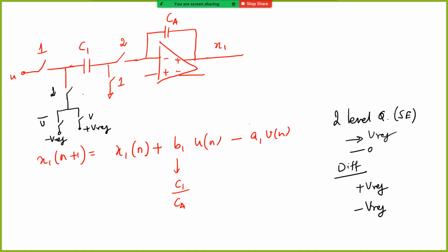This is one way of doing things. So here you have a single capacitor where both your DAC and your signal are being written.